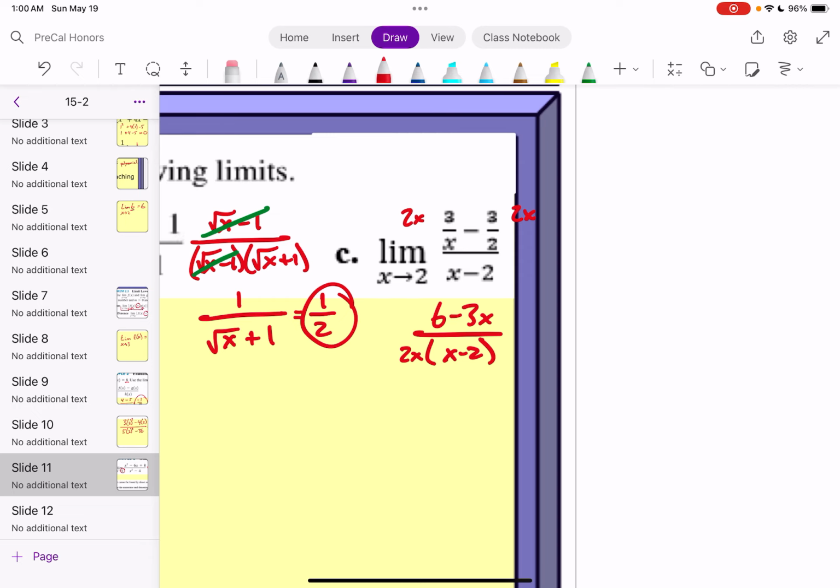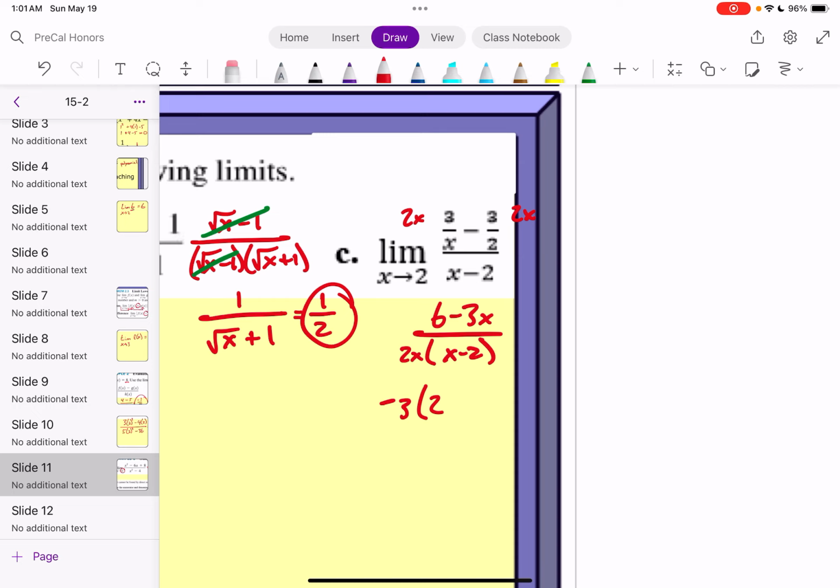By removing a negative 3, that'll leave you with an x minus 2.